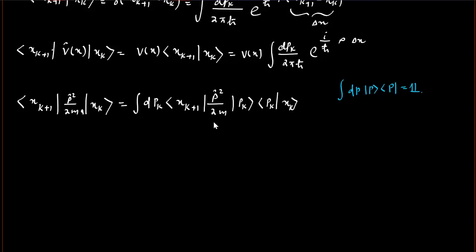Now this is just an operator which operates on this momentum vector, so I can just write it as p squared by 2m times this momentum vector.